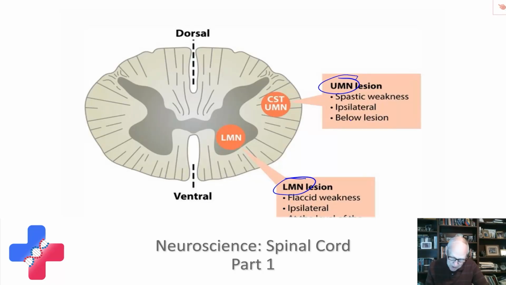Corticospinal tract is below ipsi in the cord, but notice the lower motor neuron is at the level and ipsi. Now notice they are both ipsilateral in the cord. So don't let that slip by you. So if you have an upper motor neuron or a lower motor neuron lesion in the cord, they're both ipsilateral, but one's below the lesion, one's at the level.